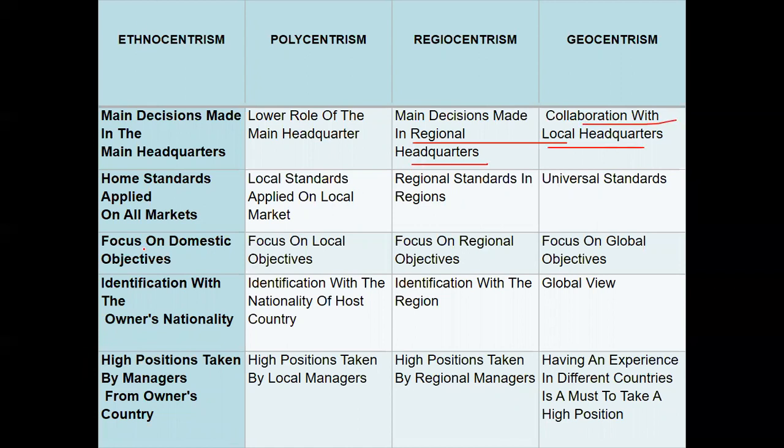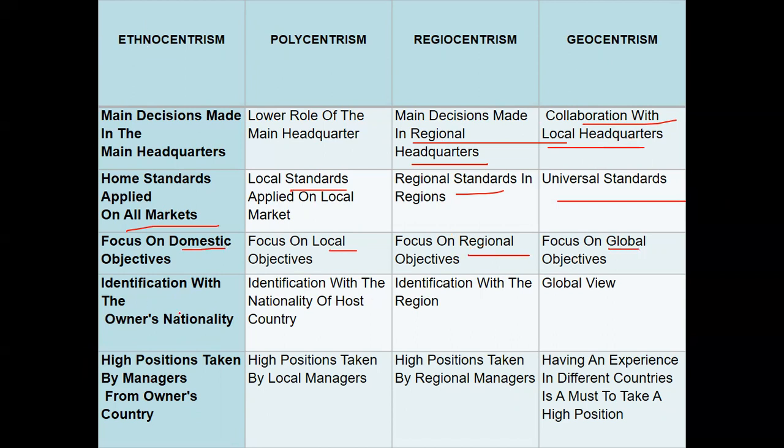In ethnocentric, home standards are applied everywhere. Local standards are applied over here, then regional standards, and universal standards. As I said, geocentric is something global. Ethnocentric focuses on domestic objectives, poly on local objectives, regio on regional objectives, and geo on global objectives.